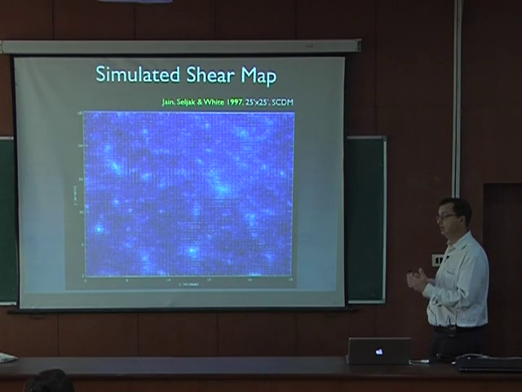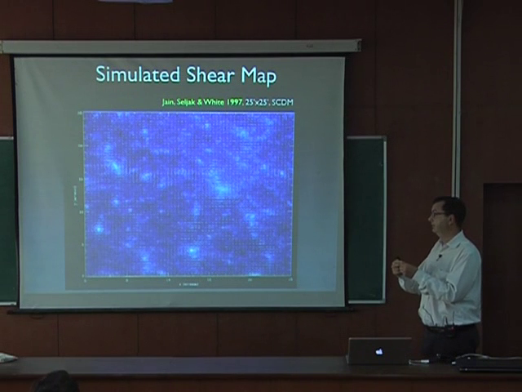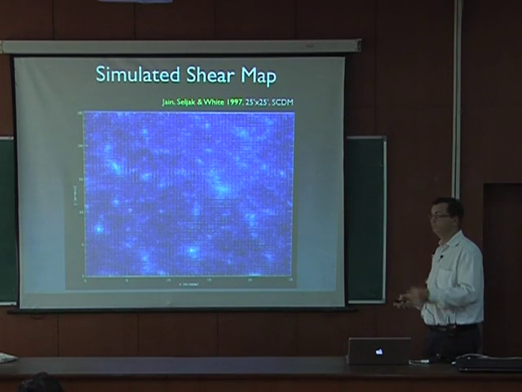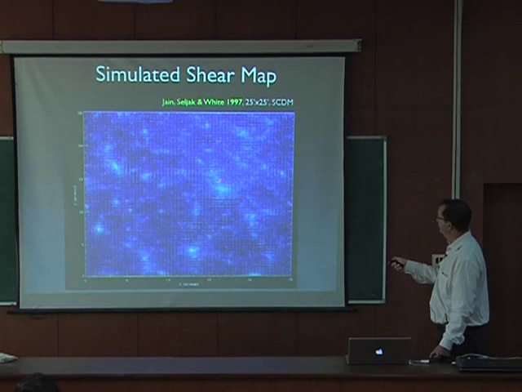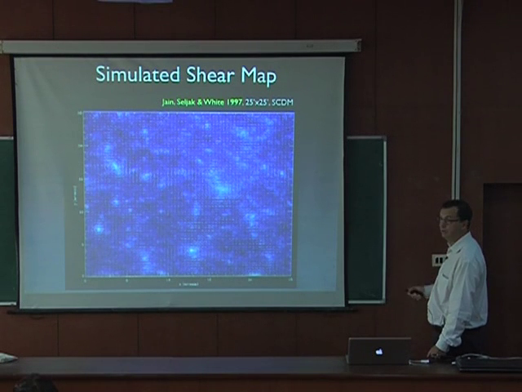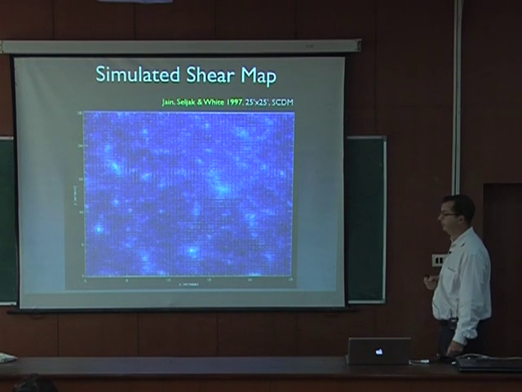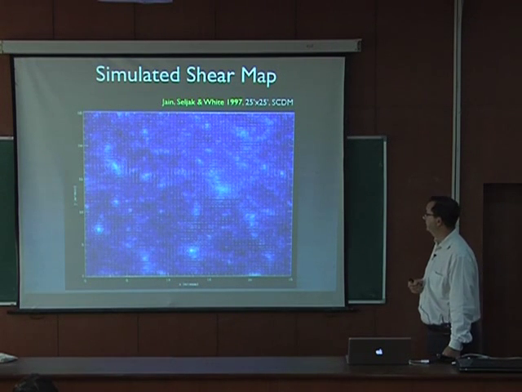At this resolution, these are the only structures that are resolved. If you go to very high resolution, you will see galaxies themselves and so on. So you see there's a complex pattern of the shear, which we can map, measure and characterize, and then compare to our models of structure formation and infer cosmology from it.